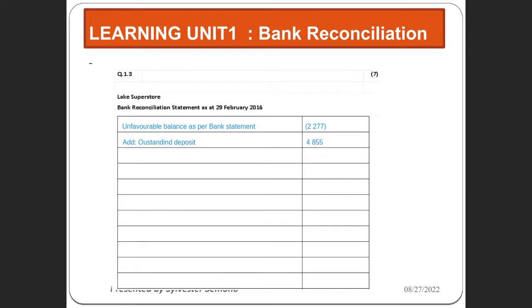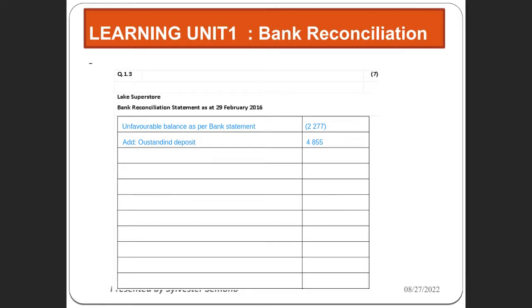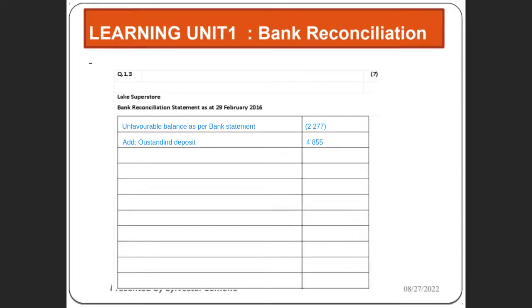So remember, we add deposit, we less checks. So I'm going to say less outstanding checks. And then the first check that I have is check number. Can you help me?